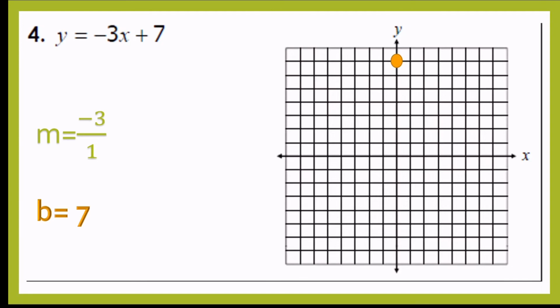So I want you to write, anytime you see a whole number slope, write it over 1. So that's now a -3 over a positive 1. So I'm going to go down 3 and right 1, and I'm going to place my point. I can go down 3 and right 1 again, and place another point. I've got 3 points. I can connect my straight line.